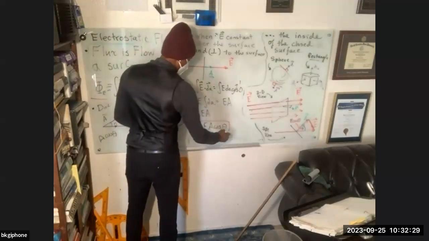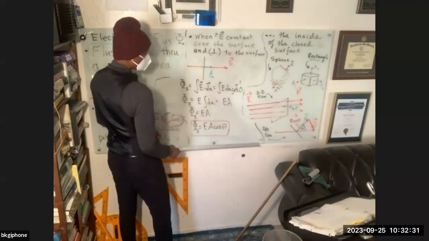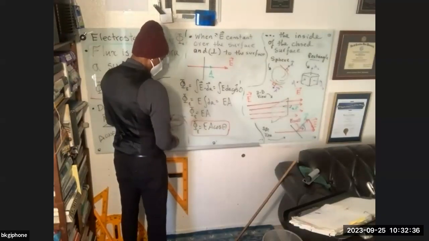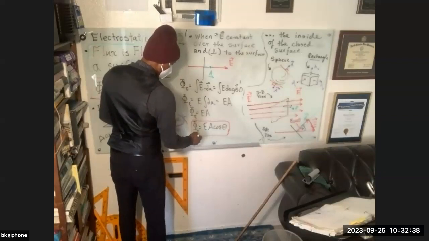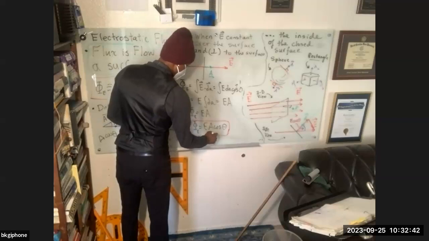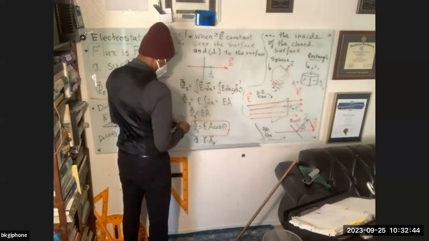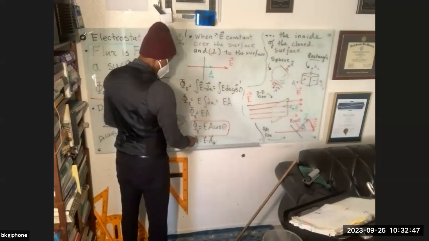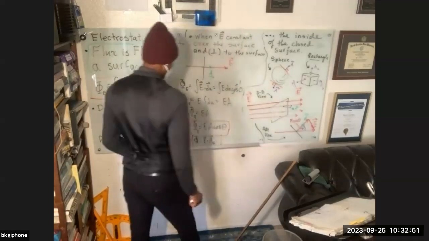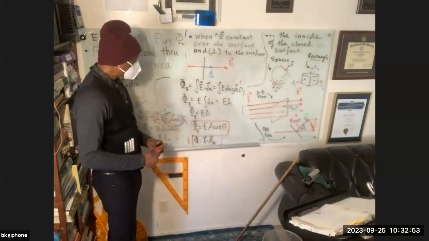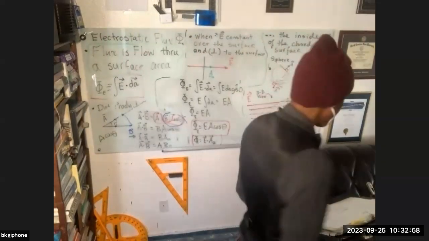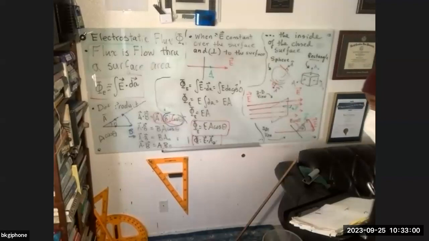For a constant field, you could think of it as just E dot A. So another representation when E is constant is just E dot A. But the most general form of flux is going to be the integral form here.